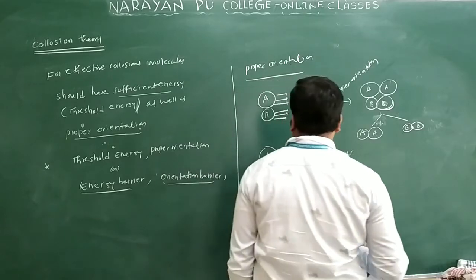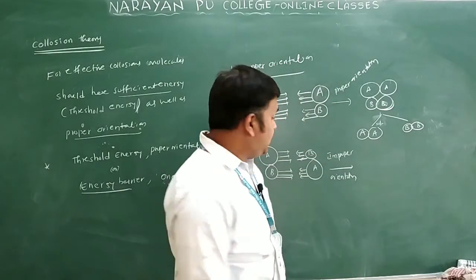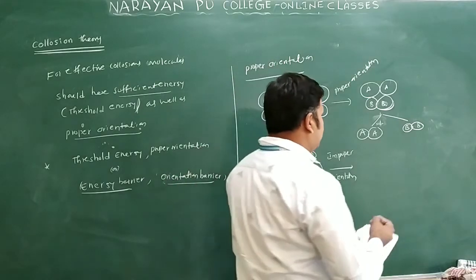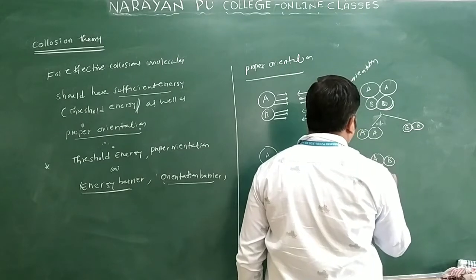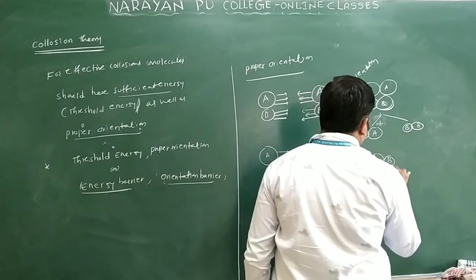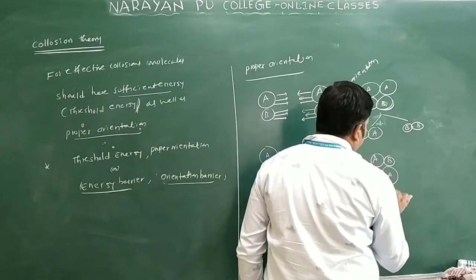Then what happened here? A and B possibilities form an intermediate, and here BA intermediate is formed. So here A is there, and this is B, and this is B, and this is A. So like this the compound is formed. Now it will dissociate like this.